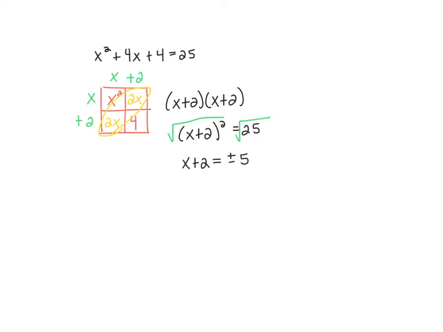So now we'll split this up again. x plus 2 equals 5, and x plus 2 equals negative 5. Solve each of these. Subtract 2, we get x equals 3. And subtract 2, we get x equals negative 7. Okay? So that's that square root property there.